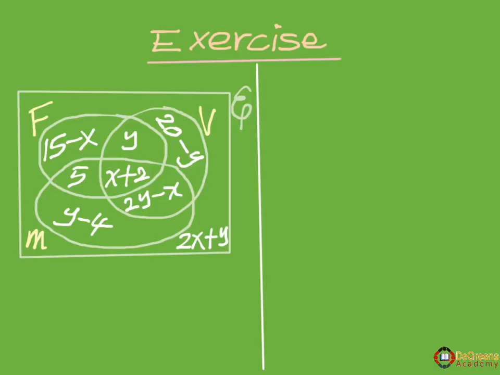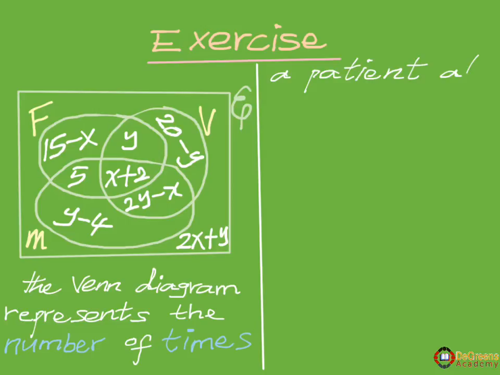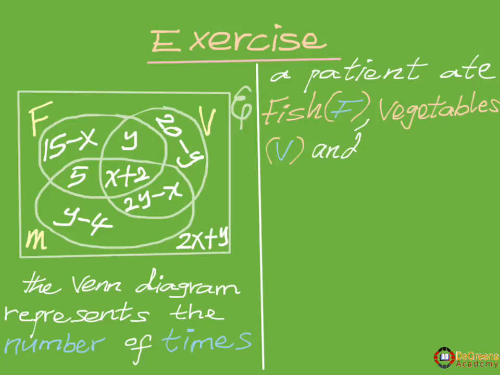Now, the Venn diagram represents the number of times a patient ate fish, vegetables, and meat last month.